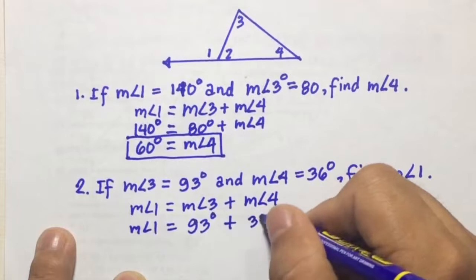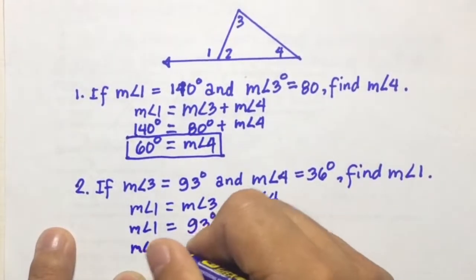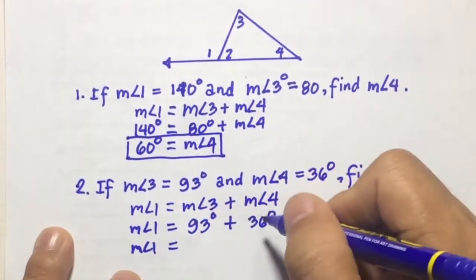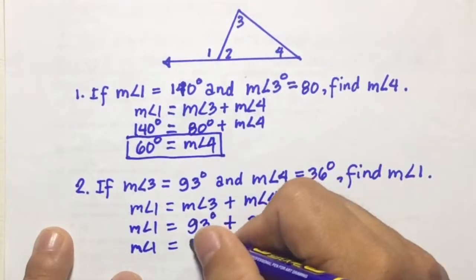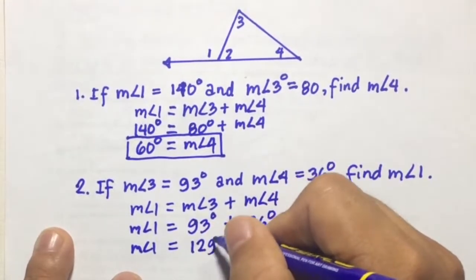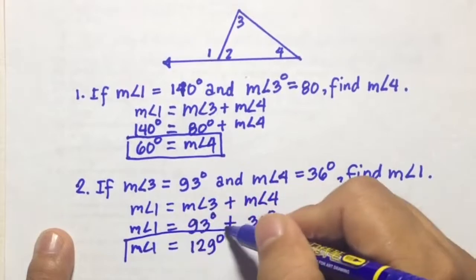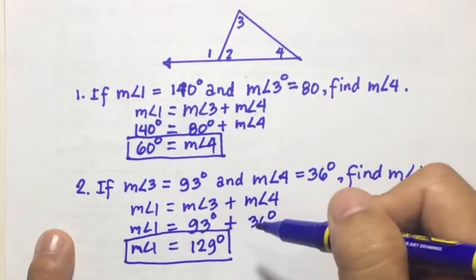This equals 93 degrees plus 36 degrees. Adding the two, 93 plus 36, that will be 129 degrees. So the measure of angle 1 is 129 degrees.